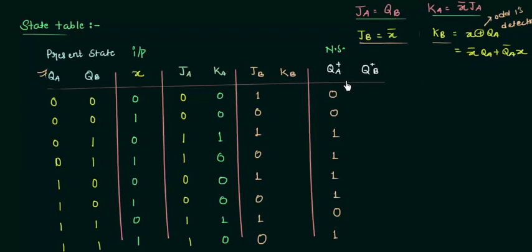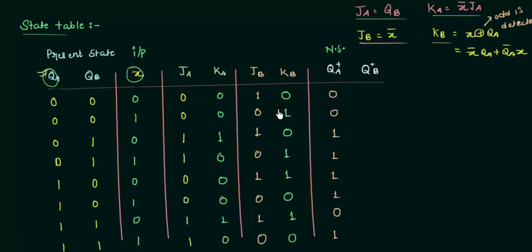We will see the odd number of ones in QA and X. Let's start. 0 0, it means no ones, so 0 is here. 0 1, an odd one is there, so 1. 0 0, again 0. 0 1 is 1. 1 0 is 1. 1 1, even number of ones, so 0. 1 0 is again 1, and finally 1 1, even ones are there, so 0.